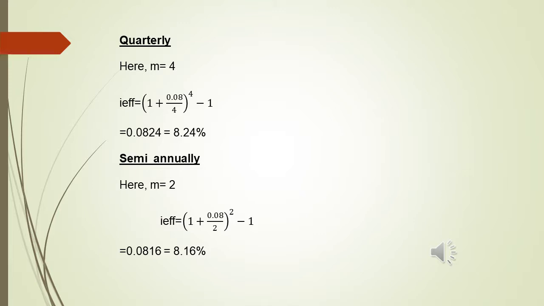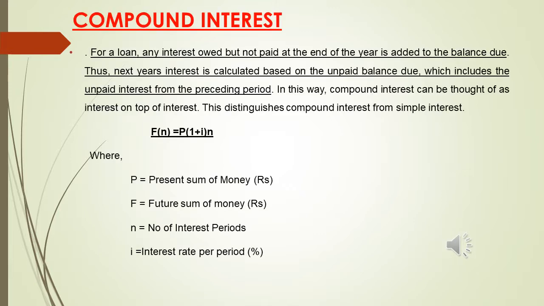Next, move on to the second interest, that is compound interest. Under compound interest, for a loan, any interest owed but not paid, that is, you are supposed to pay but it is not paid at the end of the year, is added to the balance due.